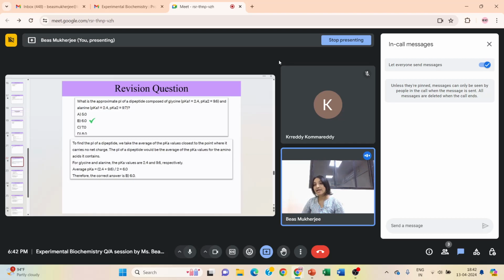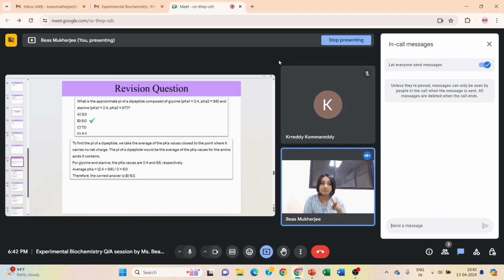So then you are getting the average pKa as what? Now 2.4 plus 9.6 divided by 2. So here if you see glycine and alanine, there are no ionizable side groups, right? So there is no question of pKa3.